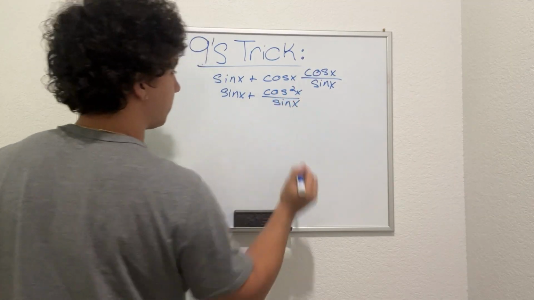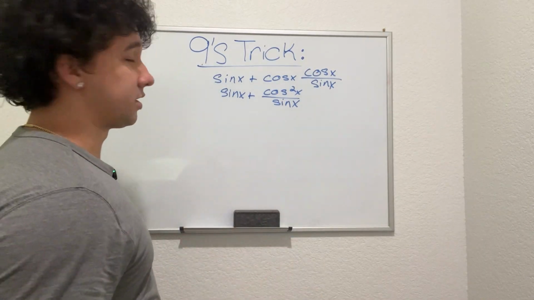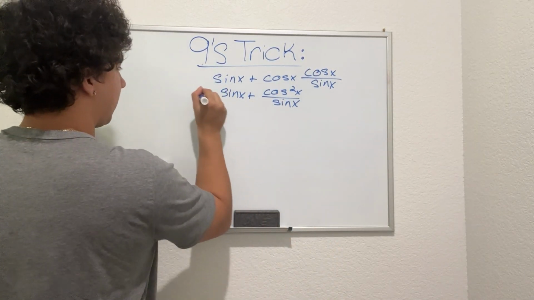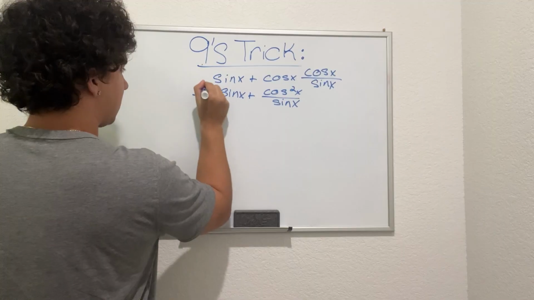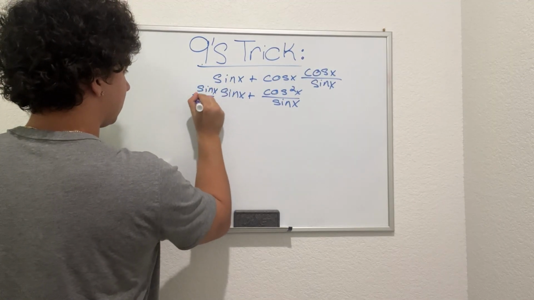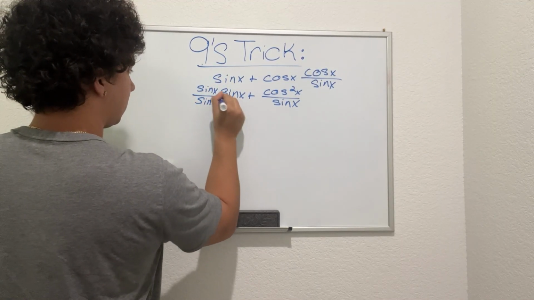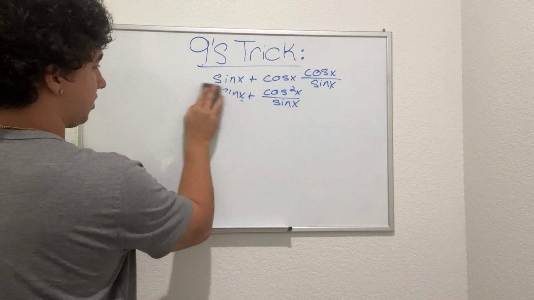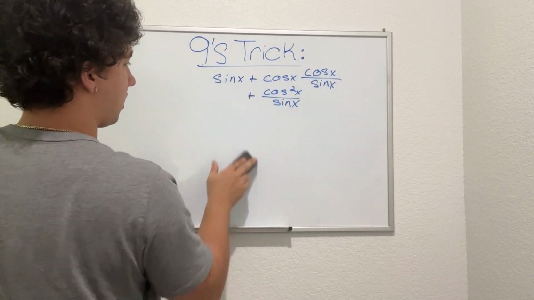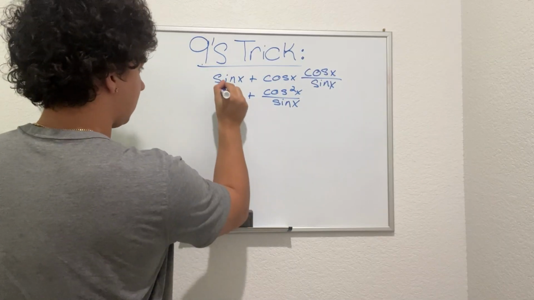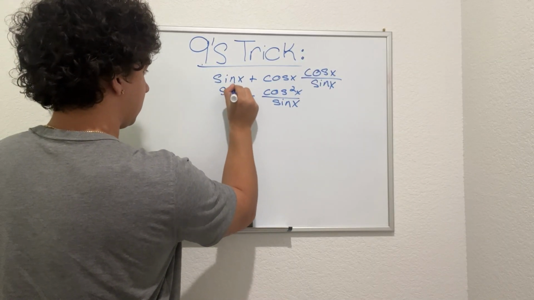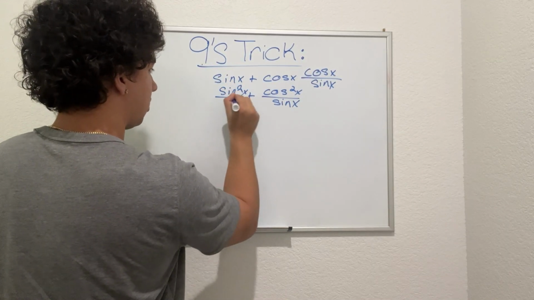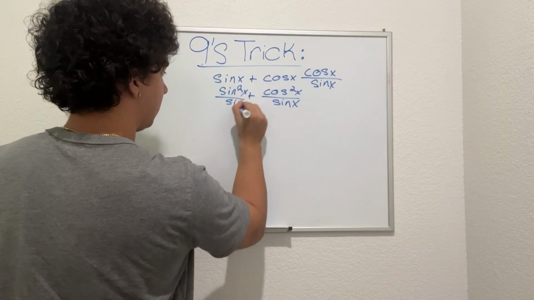And this is looking mad familiar to the last one. And it should, because it actually is the exact same thing from here on out. So I'm going to multiply the top and the bottom by sine x. That's going to also give me sine squared x over sine x.